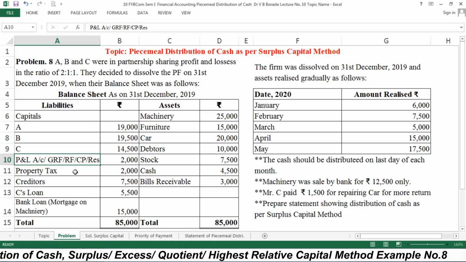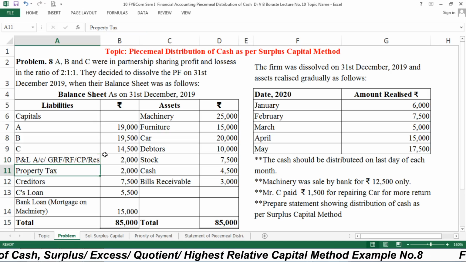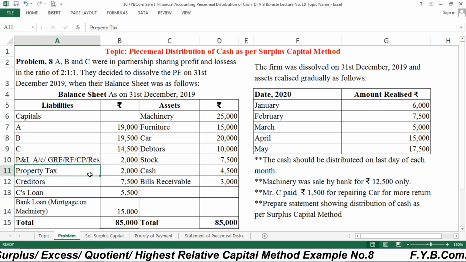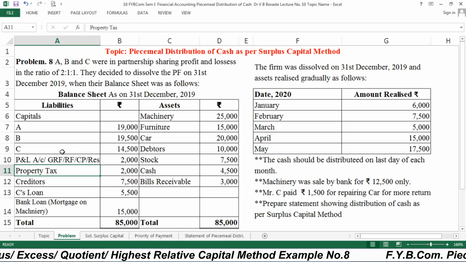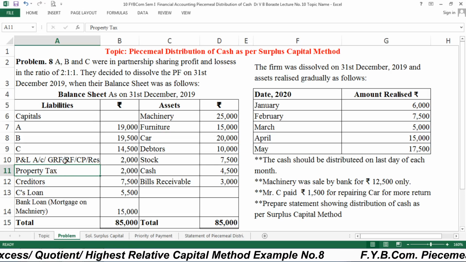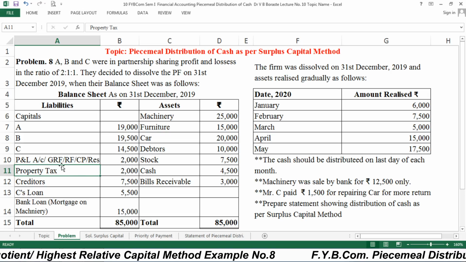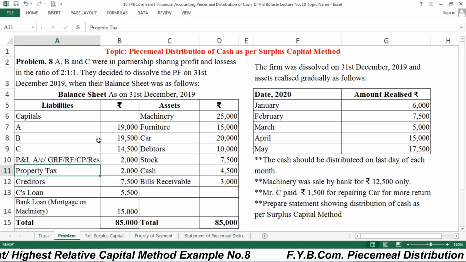So the right on this amount is of A, B, and C, that is, the partners. So we have to distribute the general reserve and profit and loss account or reserve fund, whatever it may be, among the partners, as the real owners of this general reserve or reserve are the partners.